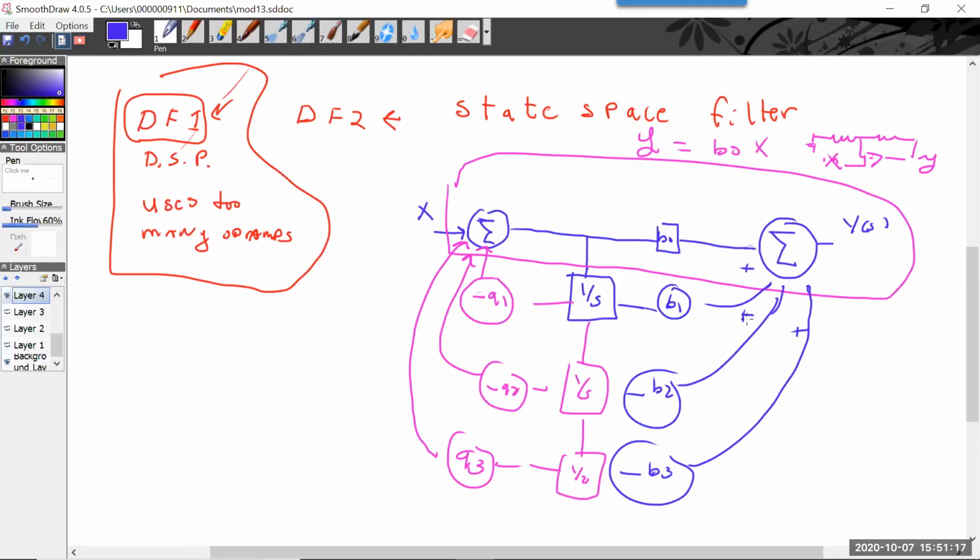Now, this is a generic equation. This is going to be B0, B1 S, B2 S squared, B3 S cubed in the numerator.